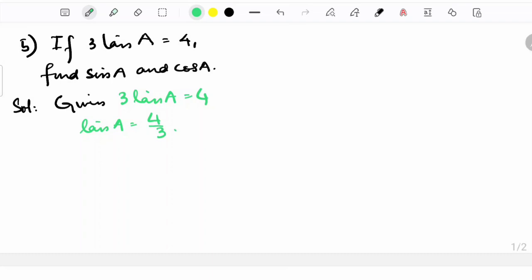Now if I take the right angle triangle ABC, 90 degrees at B, this is my angle, so this is opposite and this is adjacent and this will be hypotenuse.